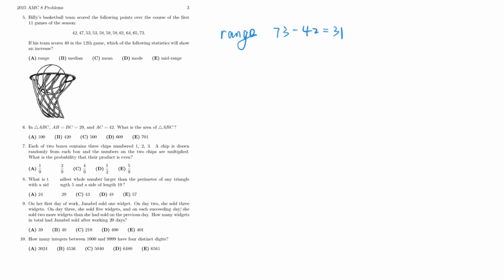And after the 12th game, the smallest number is 40. The range will be 73 minus 40. That's 33. So the range goes from 31 to 33. It shows an increase. So the answer can only be A.